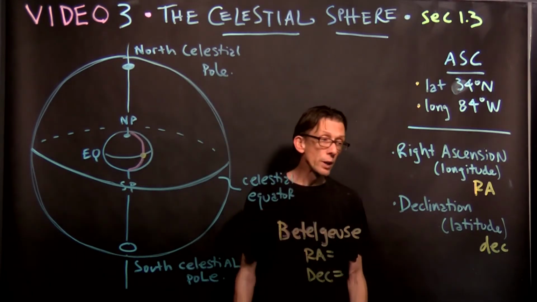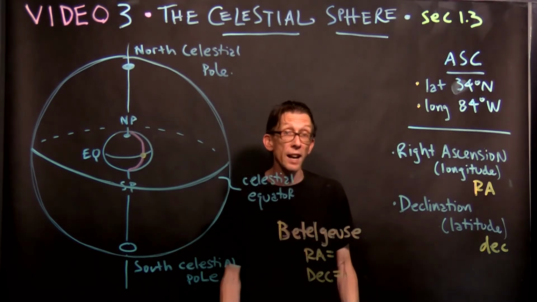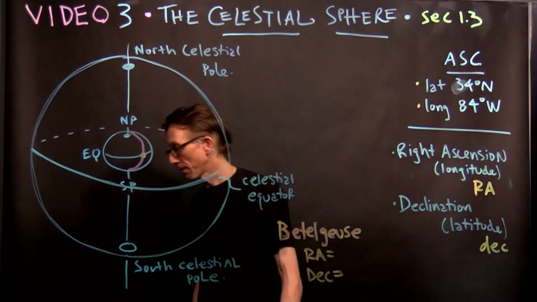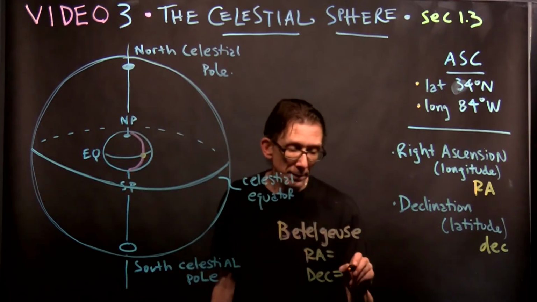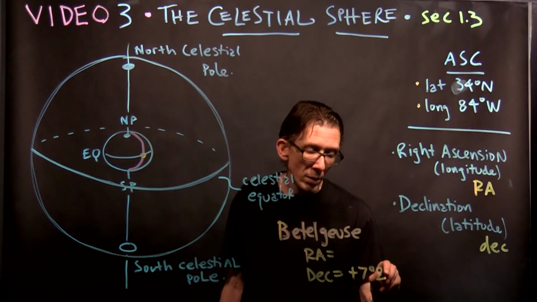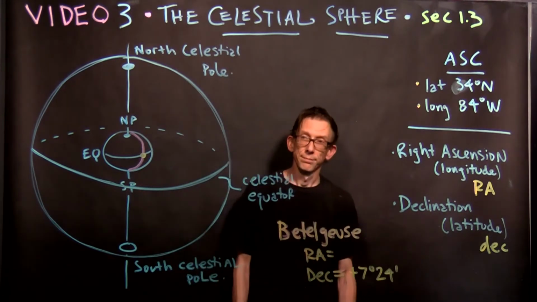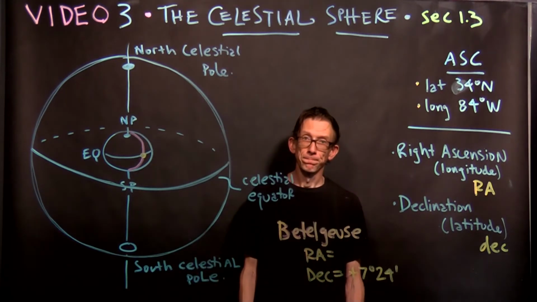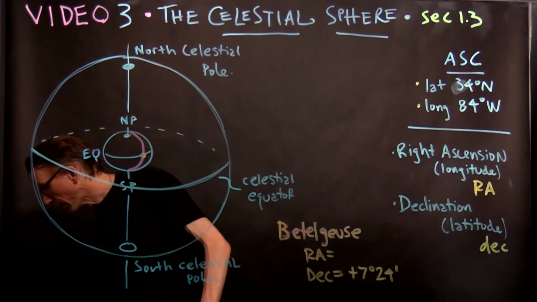Now what I'm going to do is give you the coordinates of Betelgeuse, and I'm going to explain them. We're going to do dec first, the declination. The declination of Betelgeuse is plus 7 degrees, 24 arc minutes. Right ascension of Betelgeuse, get ready for it.